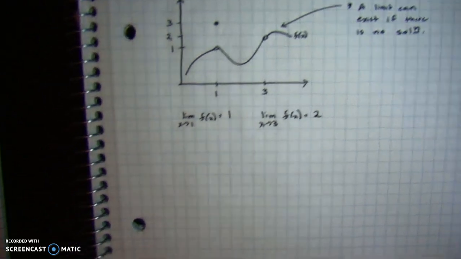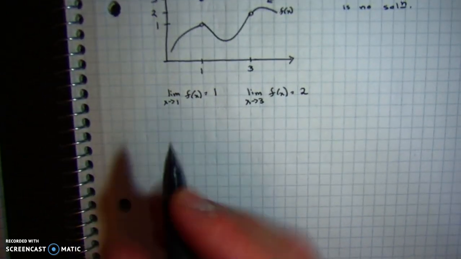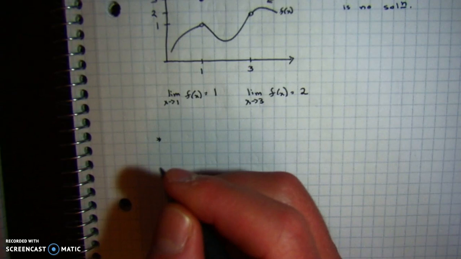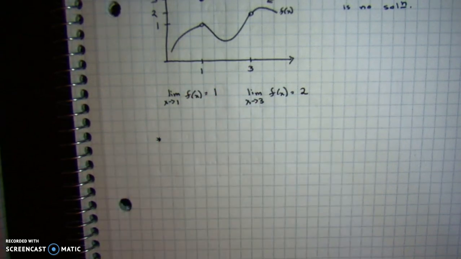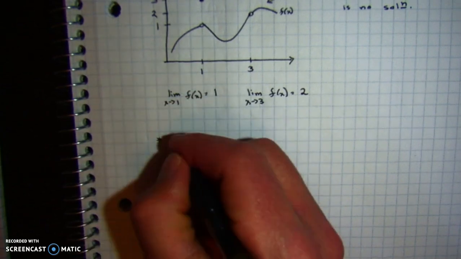So let's look at a second point here that's really important that you have to keep in mind, and it goes over a little bit in the book, but the function needs to approach the same number for it to have a limit.